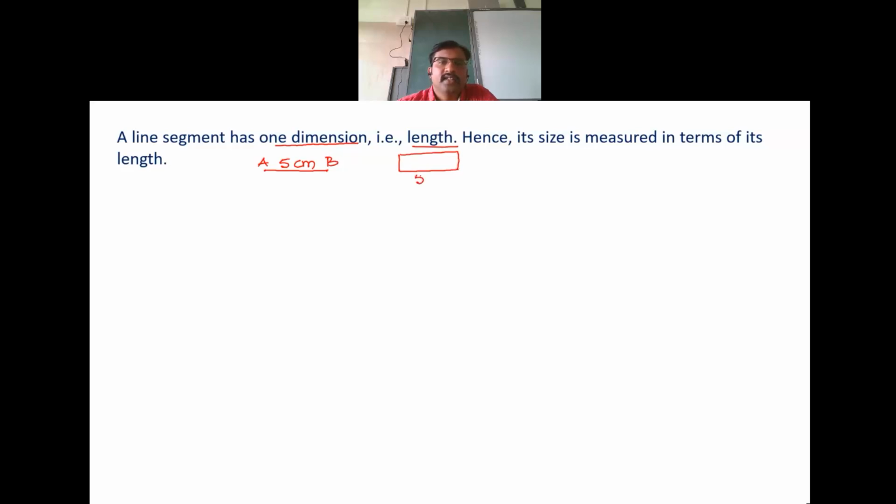If length is 5 centimeter and breadth is 1 centimeter, its dimension is 5 centimeter into 1 centimeter. This figure has 2 dimensions. This particular figure has only 1 dimension.